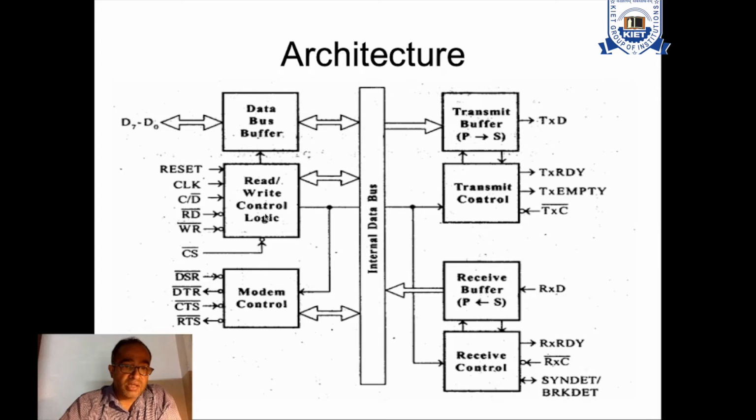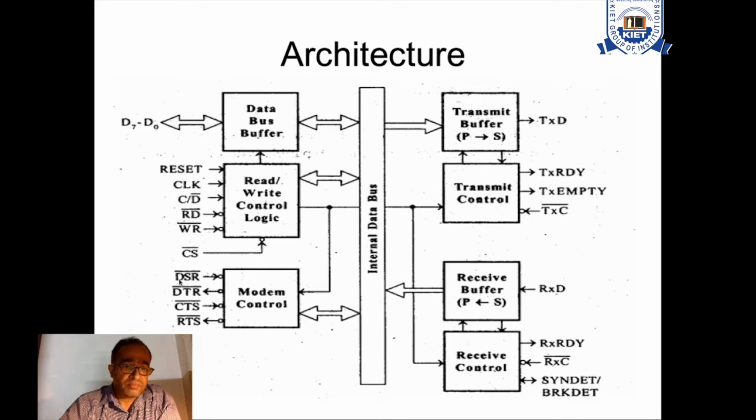So this chip select is used to select or deselect this 8251. RD and WR are the read and write pins. C/D, as already mentioned, is for control and data select. This is the clock. We are sending the clock to this 8251, and this is for resetting the 8251.